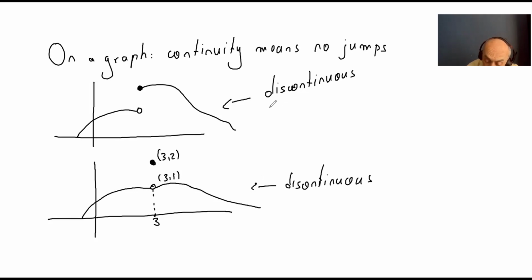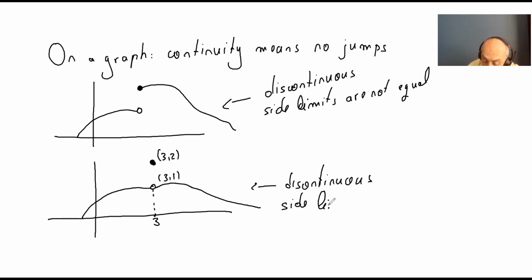Now, in the previous example, the side limits are not equal. In this example, the side limits are equal, and so the limit exists.